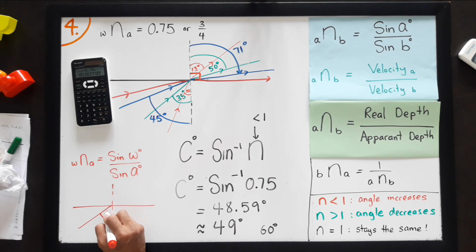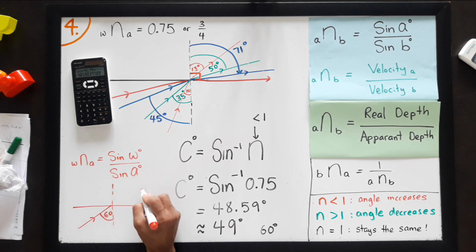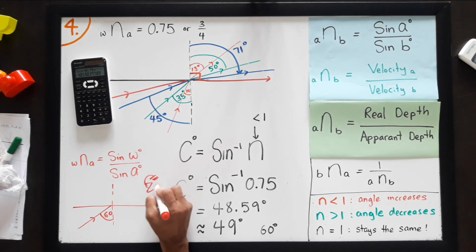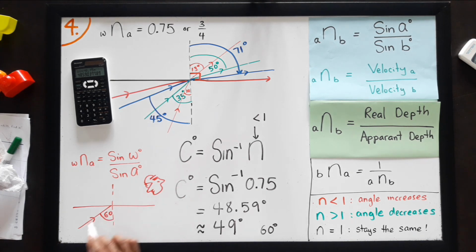Remember, for the fish, it was 60 degrees, and it had the gentleman here, looking at the fish. Let me draw it back quickly here. So, he was trying to look at the fish. But remember, the critical angle is 49 degrees. So, when it crosses 49 degrees, it no longer escapes into the air. Over here it acts as a mirror.